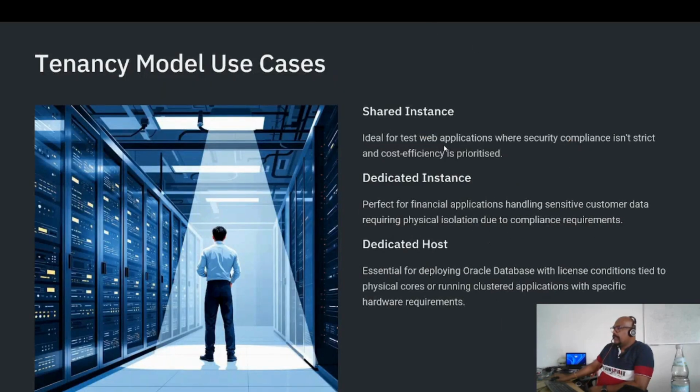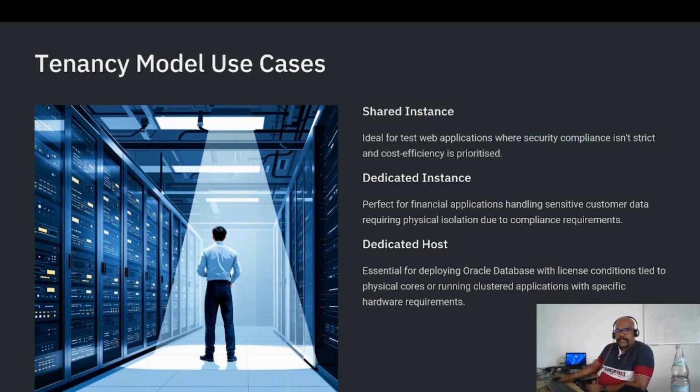Again, the same concept applies. Shared instance is mainly for web applications where cost efficiency matters, and by default it is a shared instance.